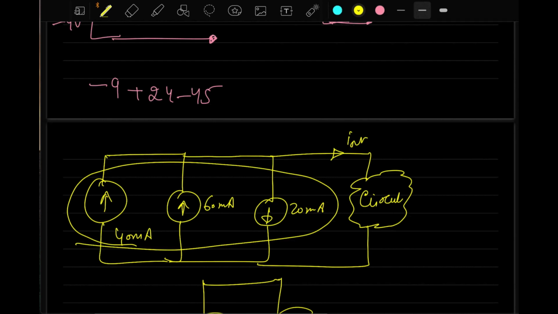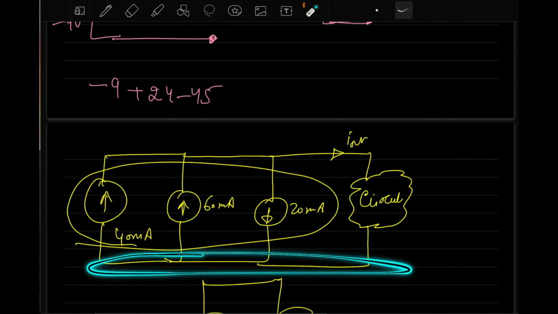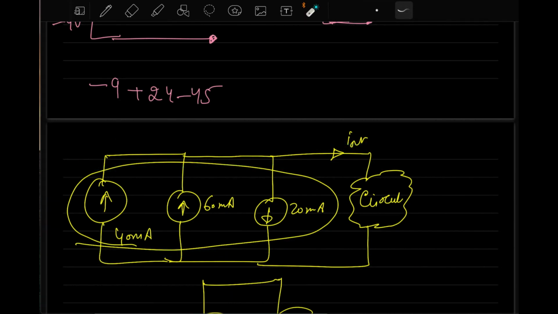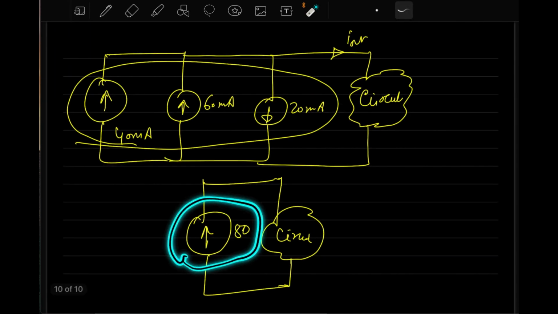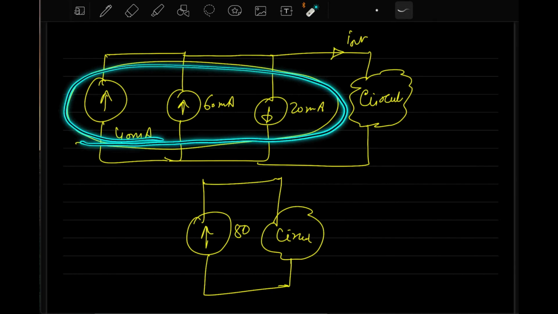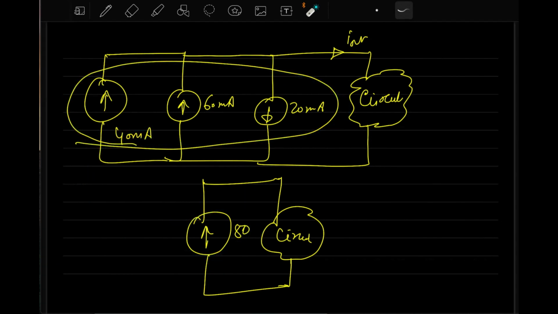But if there are not, then you can easily add or subtract, because they are flowing in between the two nodes one way or the other. That's why you can add or subtract. This is the concept here for simple reductions when you have multiple voltage sources and current sources: how you can combine all three and get to a single current source.